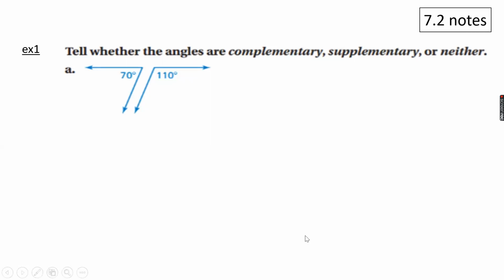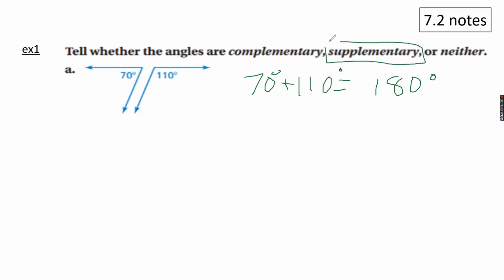To prove this example, we have to add those two together. So we're going to take 70 plus 110. When I add those two together, I get 180 degrees. These are supplementary angles here because when I add them together, they add up to 180 degrees.